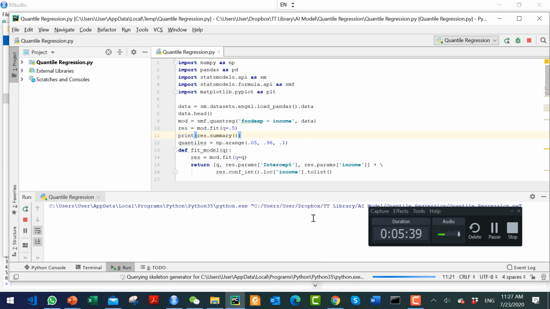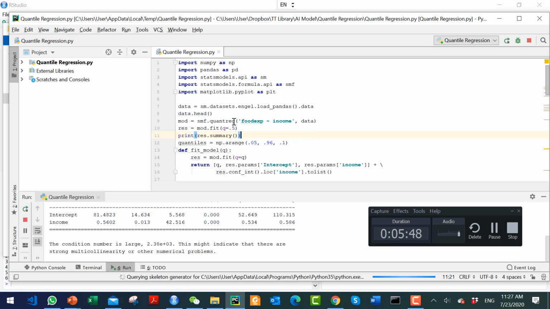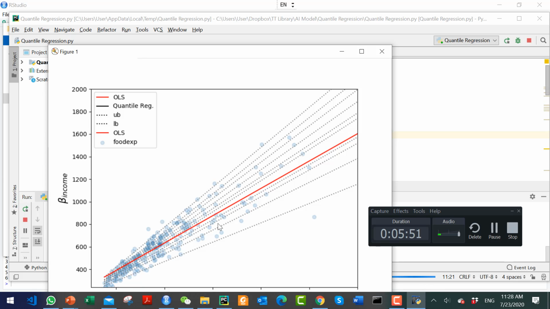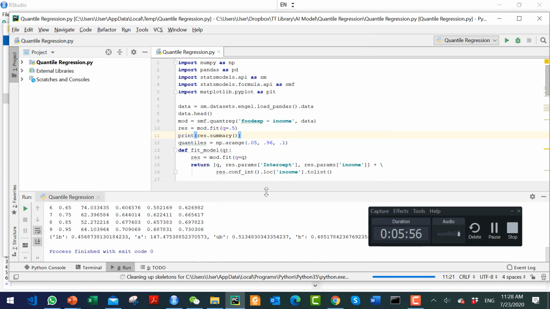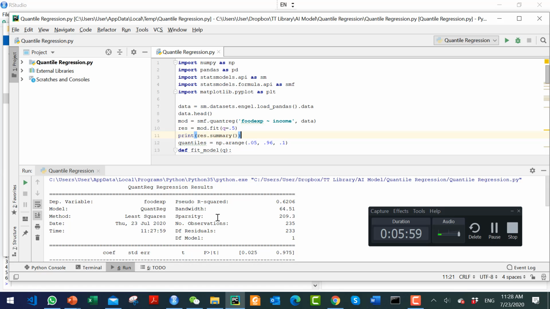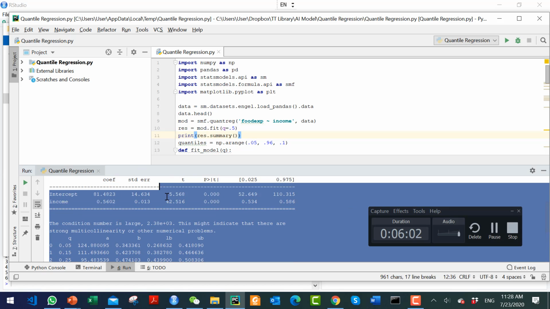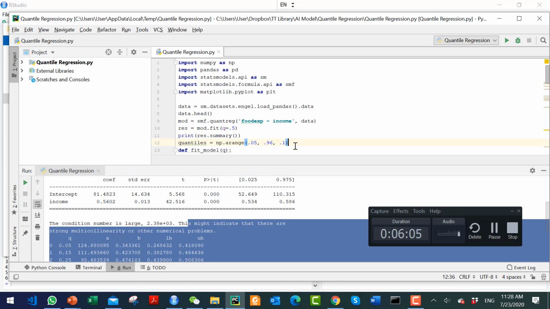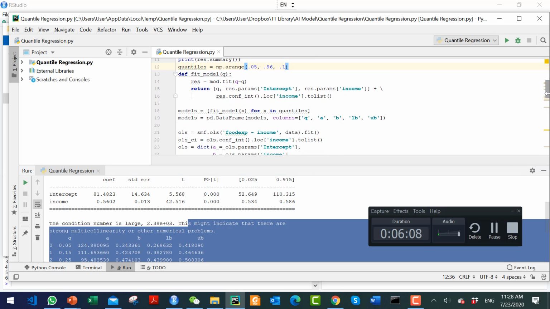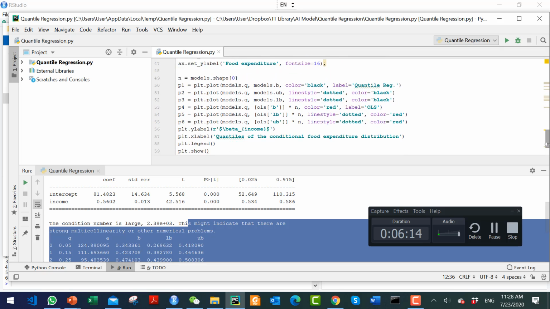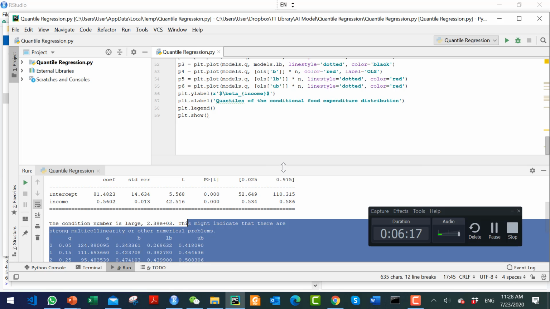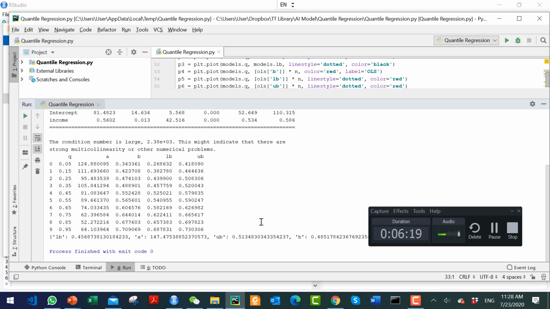So this is the quantile regression, same thing. You can see the different lines on that. These are all the parameters, and this is the model, and eventually we are looking at the plotting of all the data with the several lines.